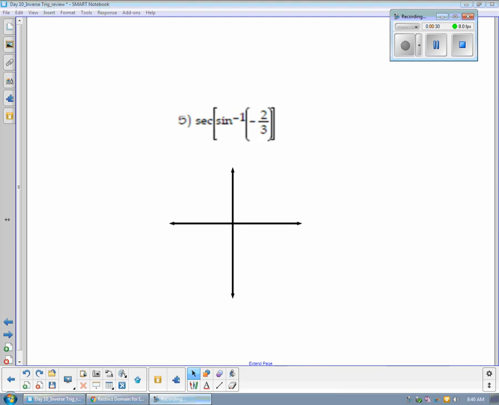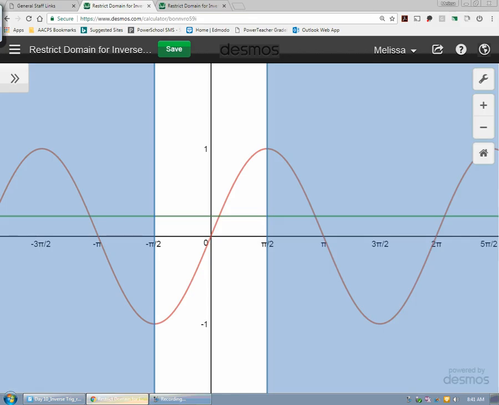So let's think about what we know about the inverse sine function. We know we have to restrict the domain to inverse trig functions because sine, cosine, tangent do not pass the horizontal line test. If you look at this graph on Desmos, the sine wave repeats over and over and over again.